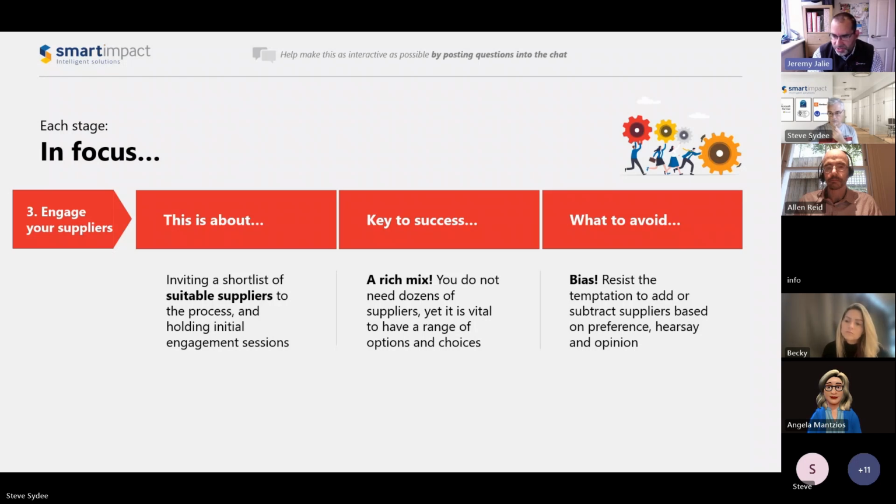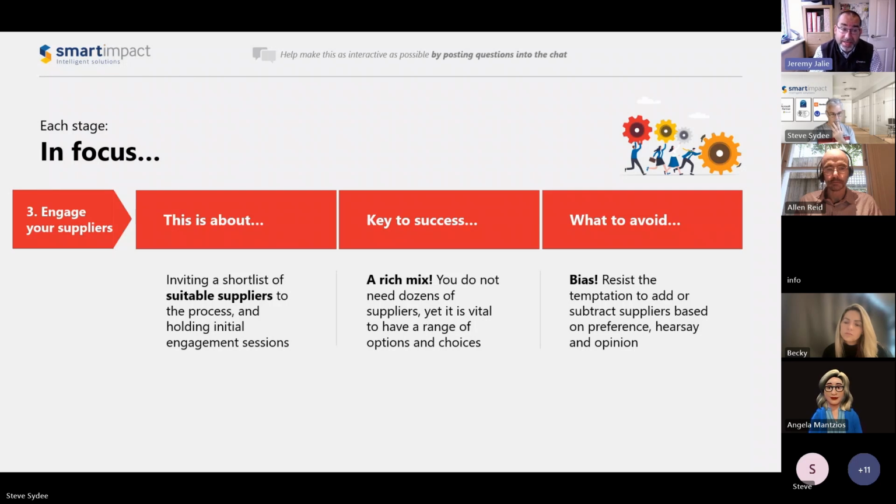But aim for a long list to be really identifying 5 to 8 organizations that you feel could really do what you need, but then have a very hard target to whittle that down to a short list of probably 3 or 4 providers maximum that you're really going to engage deeply with.